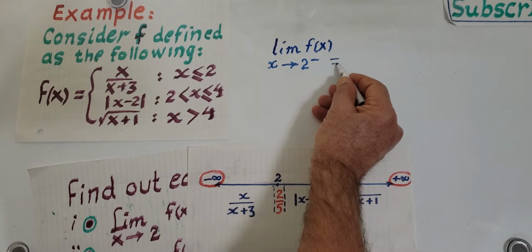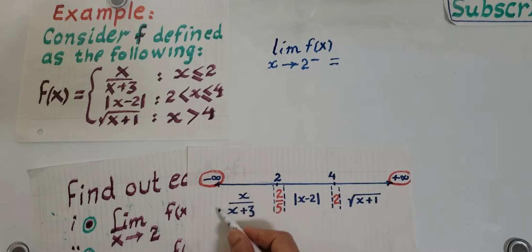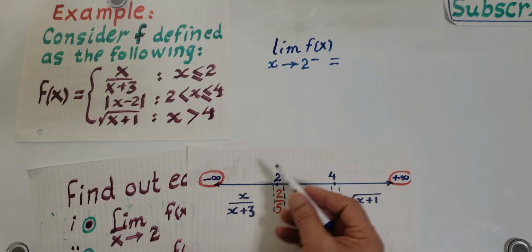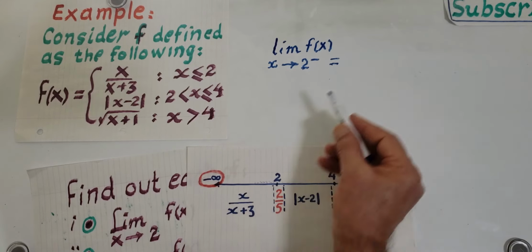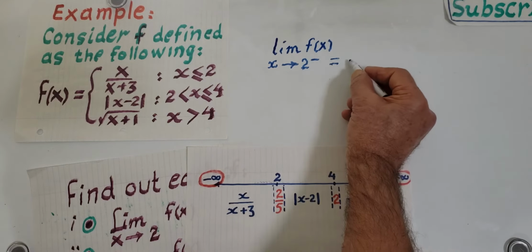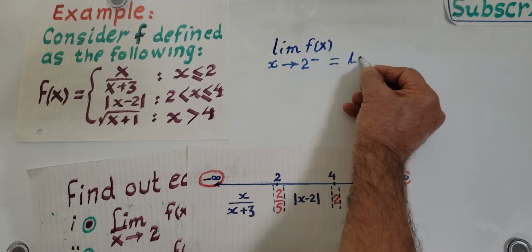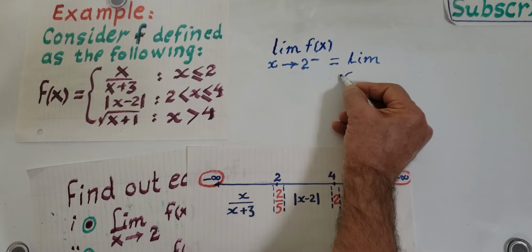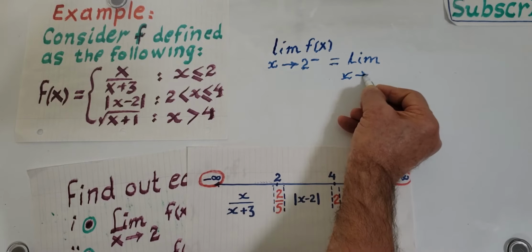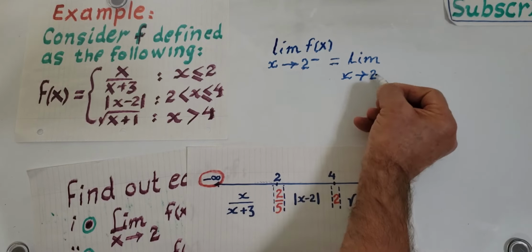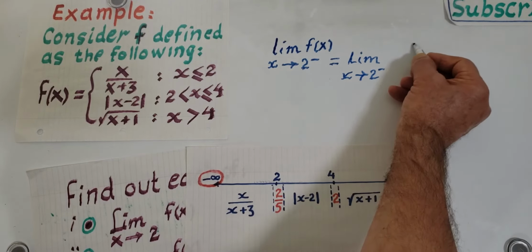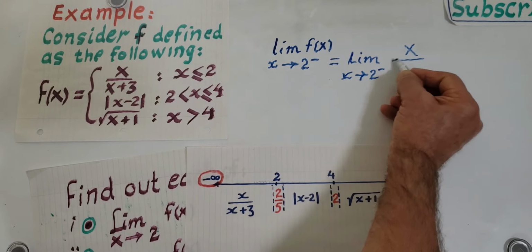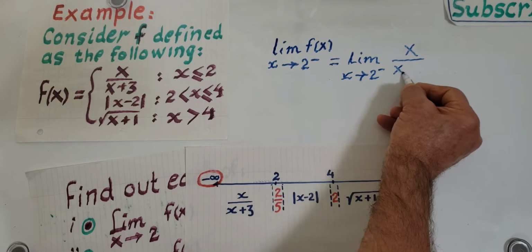As it is a rational function, we can substitute 2 in it. I will write this equation first. The limit when x tends to 2 from the left, that means we will use the equation x over x plus 3.